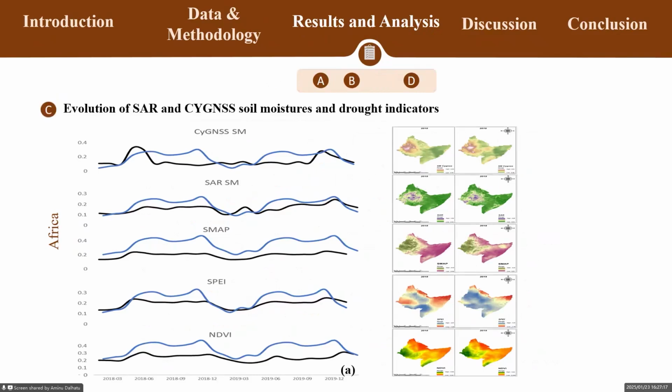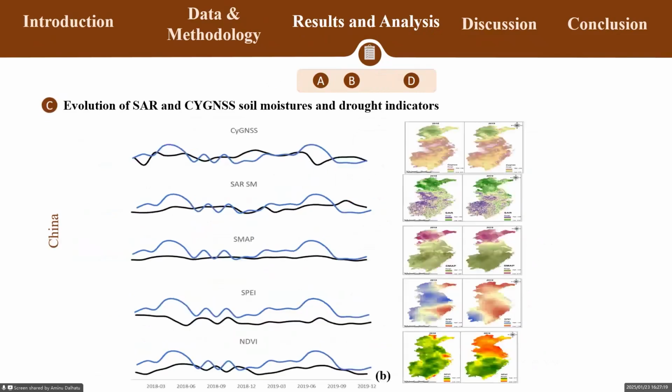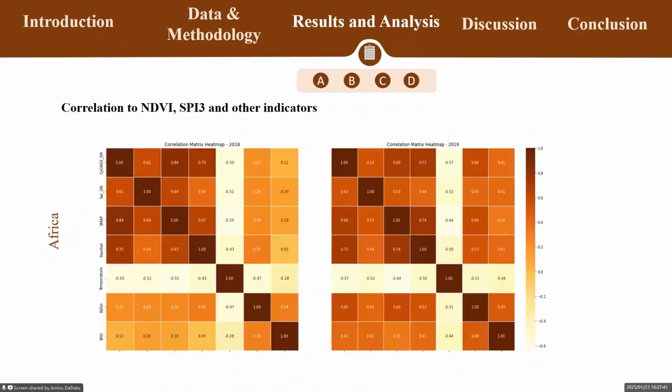This is for Africa, but we can say the same when it comes to China. It's basically the same. And these close agreements between these different soil moisture data sets and their alignment with the drought indicator demonstrate the reliability and the effectiveness of integrating these indicators.